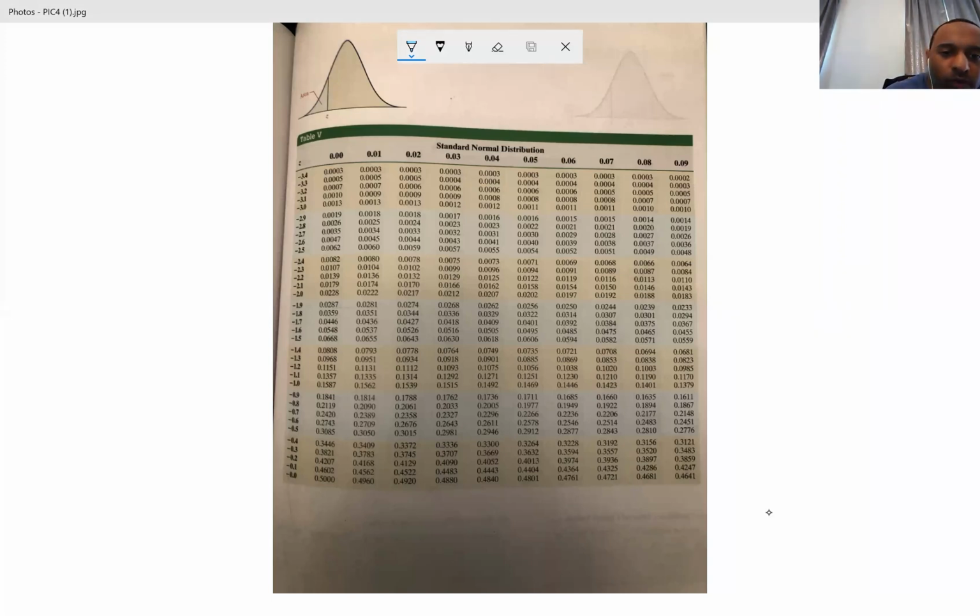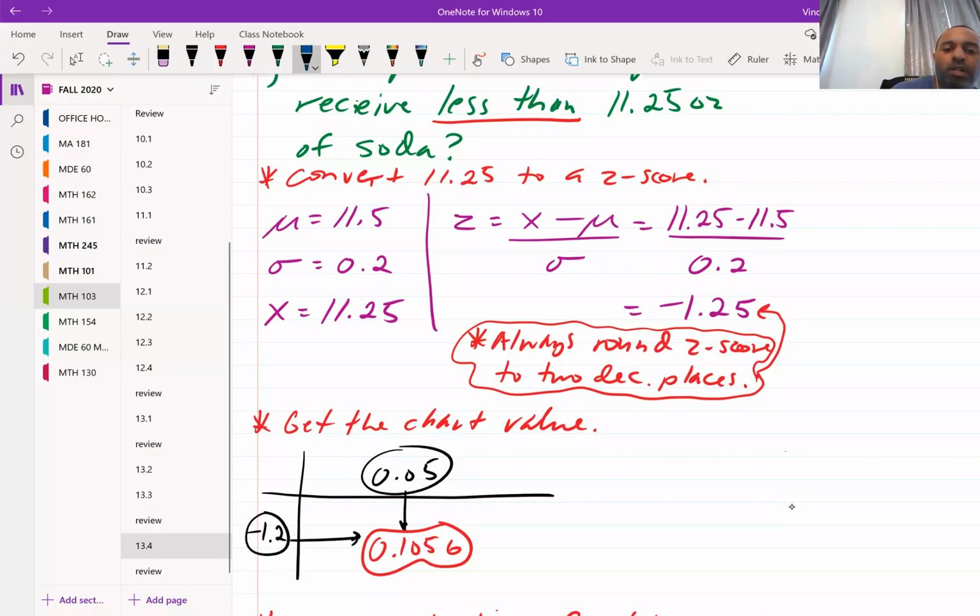So we got negative 1.2 right here, 5 up here. Where they meet will be our chart value. And so you see that's 0.1056. And so that's how we got that value right there, 0.1056.